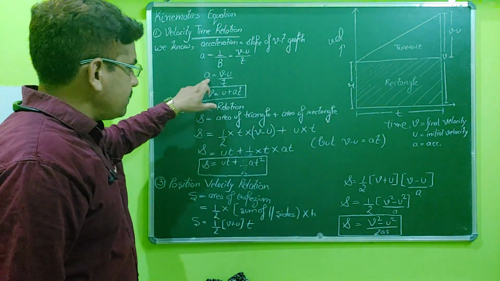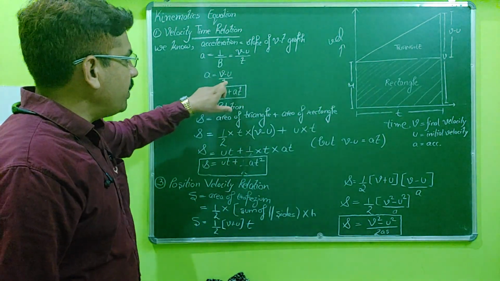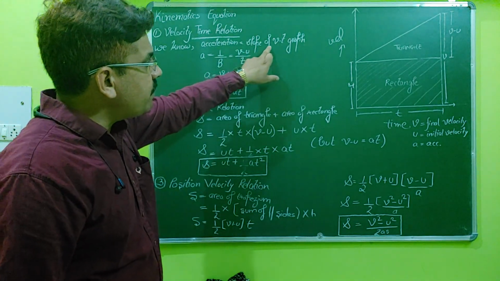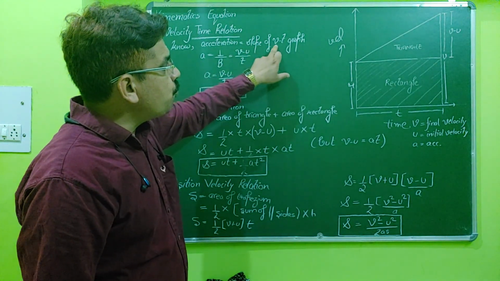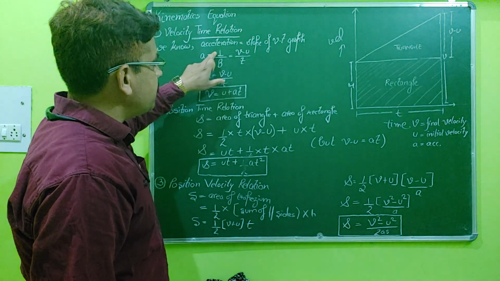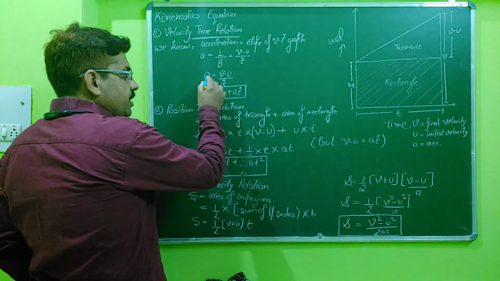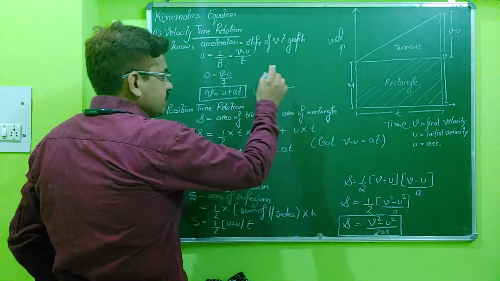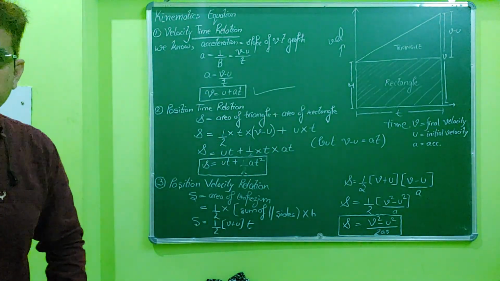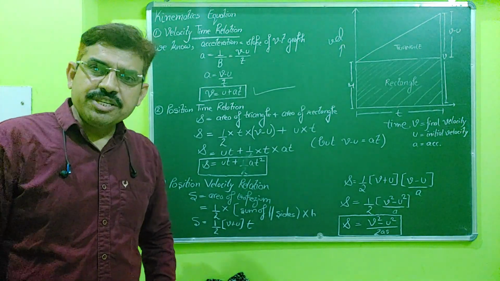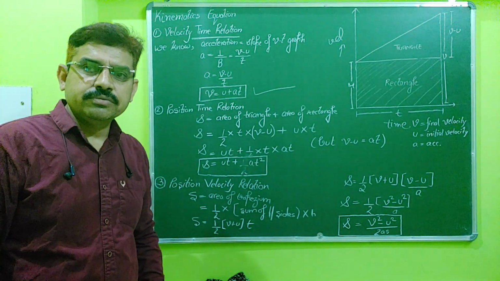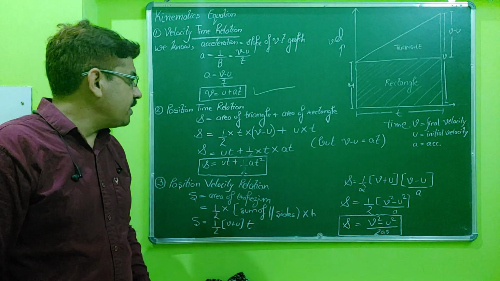So acceleration is equal to v minus u over t. I used only the simple formula, the slope of vt, and slope is perpendicular over base. Therefore v minus u is equal to at, and v is equal to u plus at. So this is the first equation of motion, v is equal to u plus at.